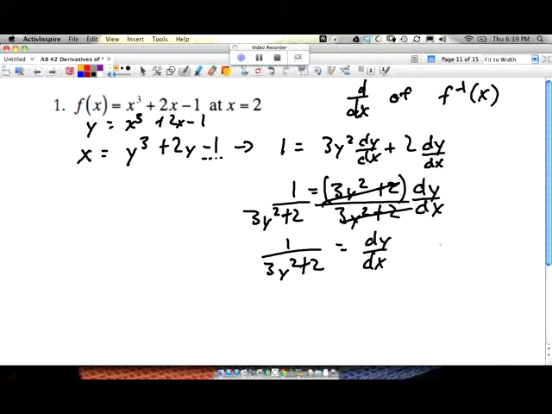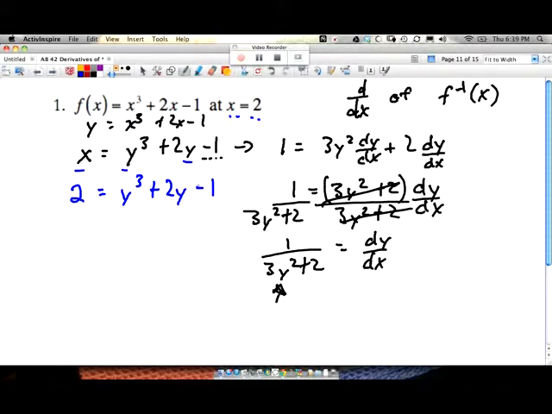Alright, at this point, I notice I need to plug in y. However, we have x. So how do I find y when I know x? Well, here's x, here's y's. Let's calculate them. So we know that x equals 2. So 2 equals y cubed plus 2y minus 1.